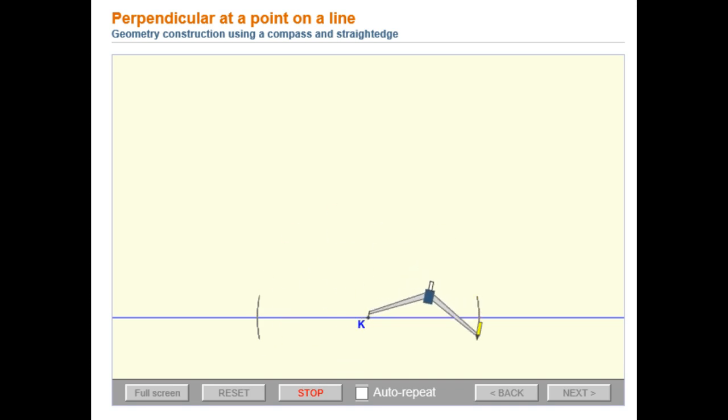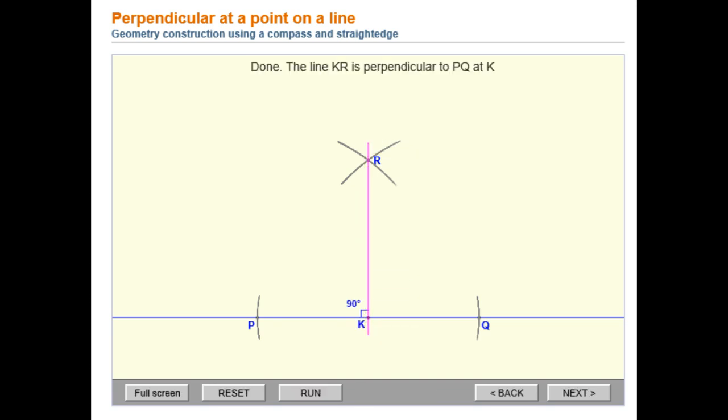So the first thing we'll do is from the point, make arcs that are the same distance from the point. Then stretch the compass out longer, and through each of those intersections, make an intersection above or below actually the point. In this case it's above. And now if we connect up that point with the intersection, we've got a perpendicular to the line through the point that's on the line.